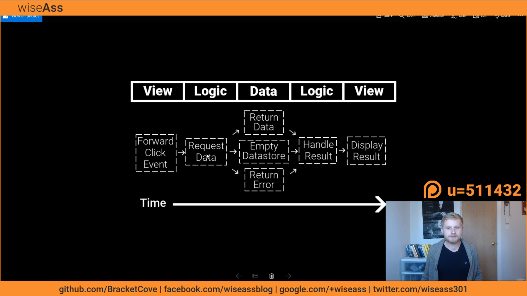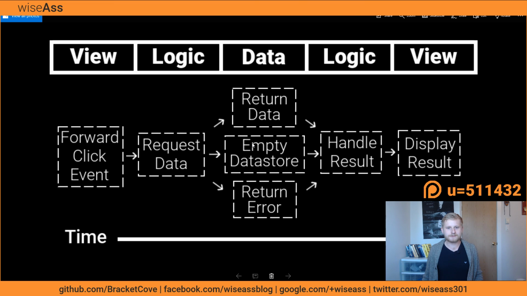In most cases, the presenter is going to talk to the model or the data layer, and ask it for something. It's going to say, hey, get me this data. Now, when you start to build more advanced architectures, more advanced programs, you can't always rely on single responses. Let's say we ask the database for a task.